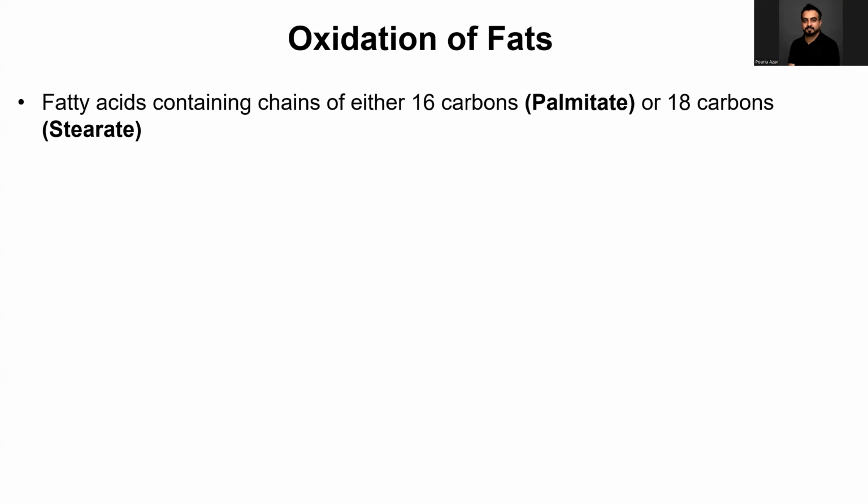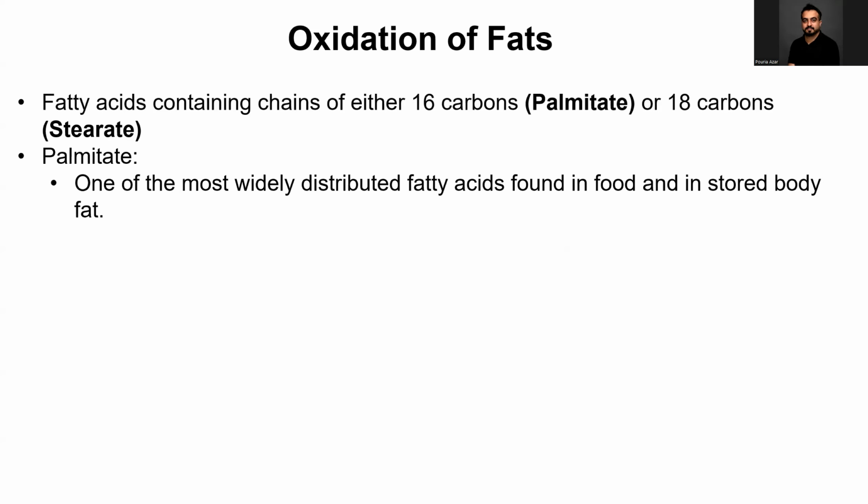These are all fatty acids, and they produce different numbers of ATPs depending on their number of carbon atoms. But here, for example, we have palmitate and stearate. Palmitate is 16 carbons, and stearate is 18 carbons.